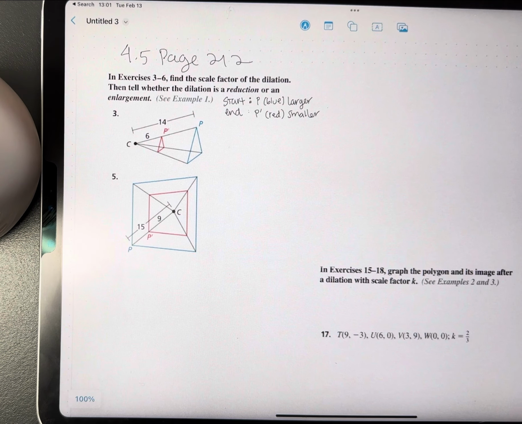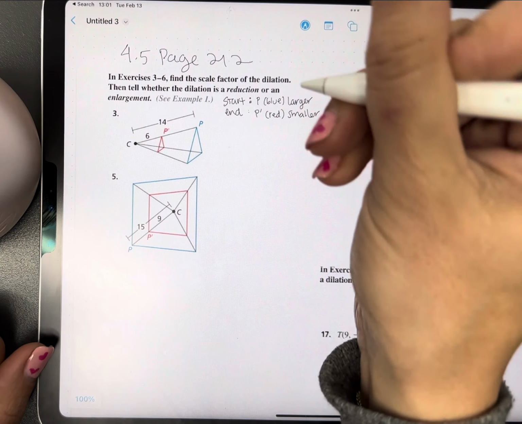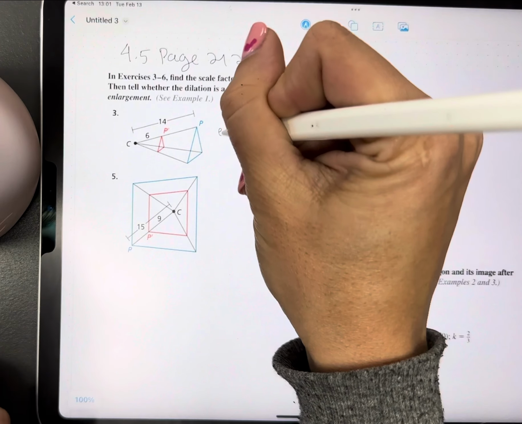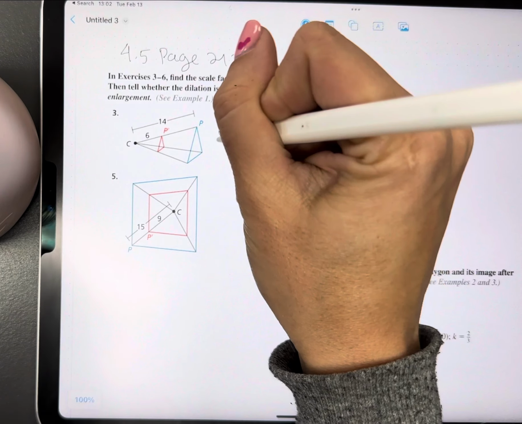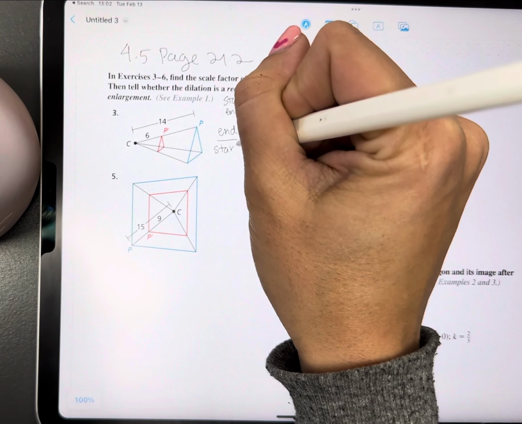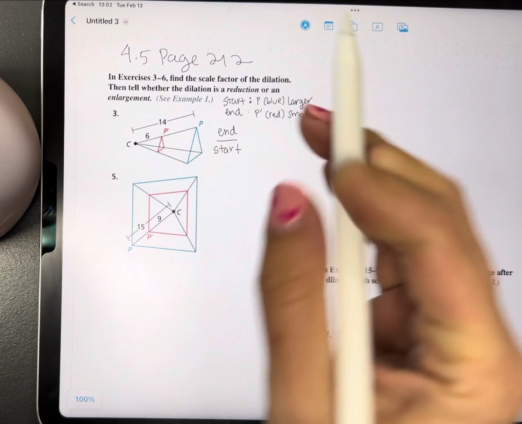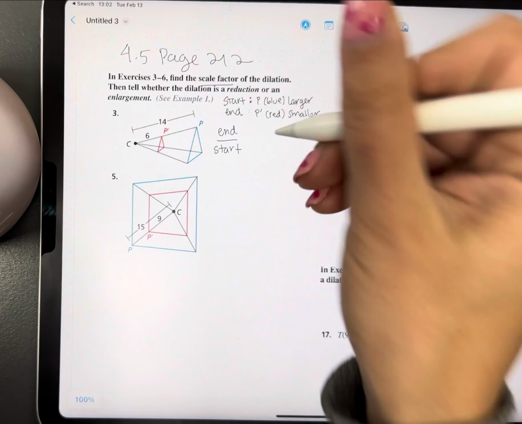So, okay, we start here, and they want the scale factor, which means that I have to make a ratio between these guys here. Okay, sorry, I just wanted to have this up, looking at it. So what we do is we take where we ended up over where we started to get our scale factor.